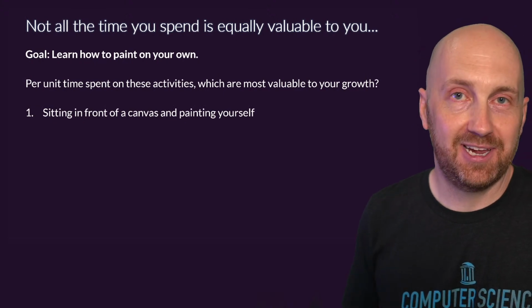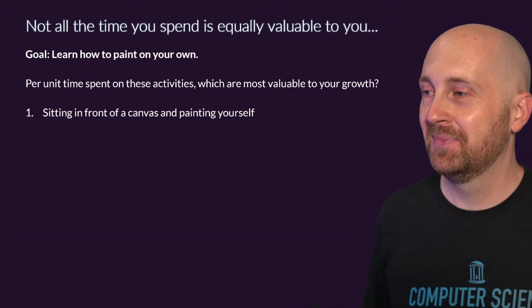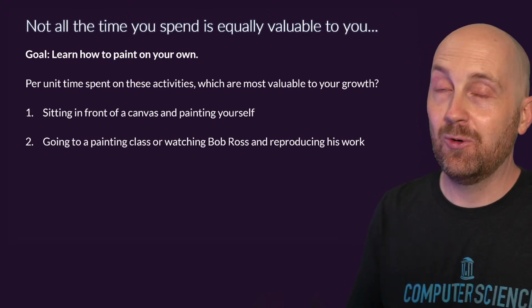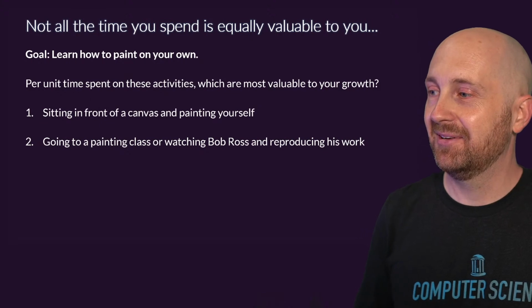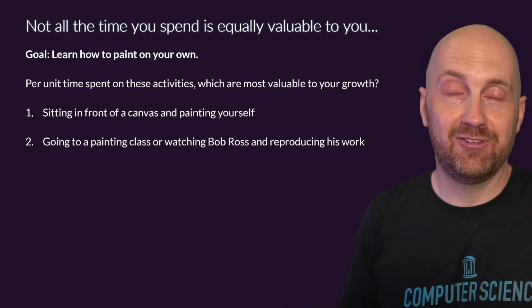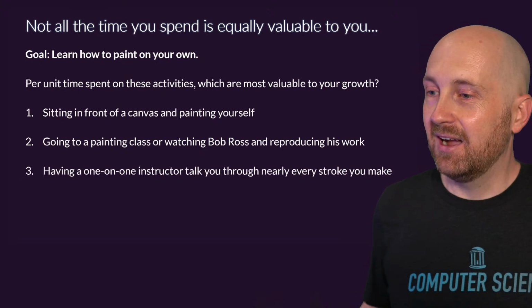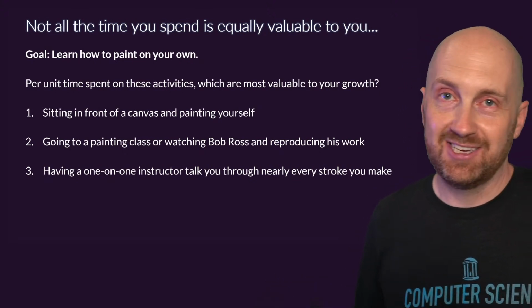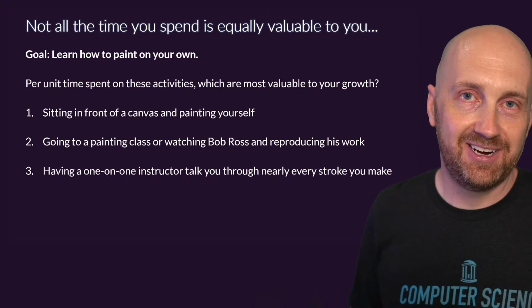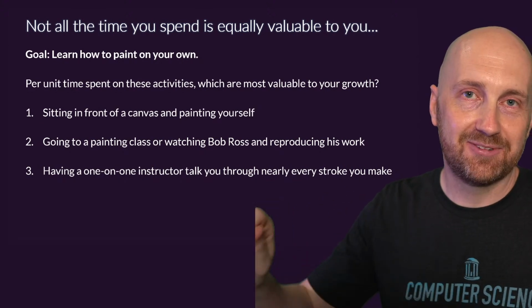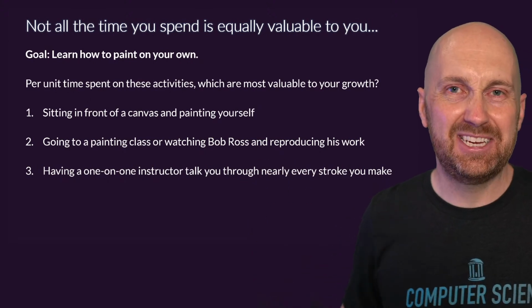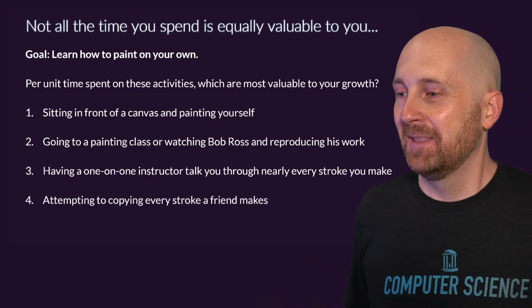One, sitting in front of your canvas and painting yourself. Two, going to a painting class and watching Bob Ross and trying to reproduce his work. Three, having one-on-one instruction where they're whispering into your ear, okay, go a little bit to the right, now drag it down, telling you each stroke that you're trying to make.